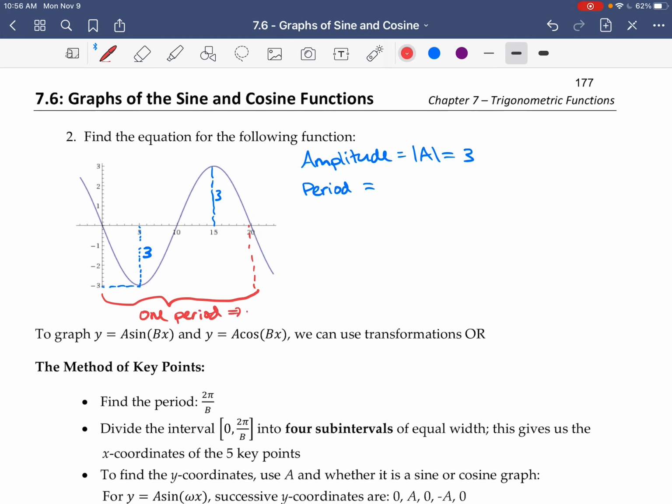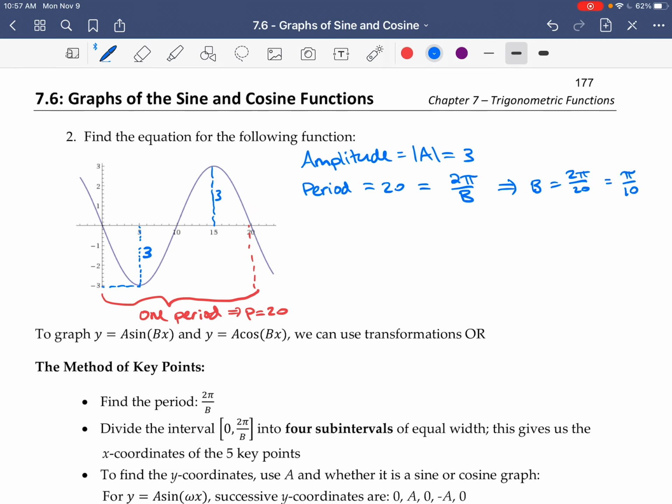So that means that P, the period, is 20. The period is 20, but it should be 2 pi over B, so we can use that to solve for B. So B is going to be 2 pi over 20, which is pi over 10.